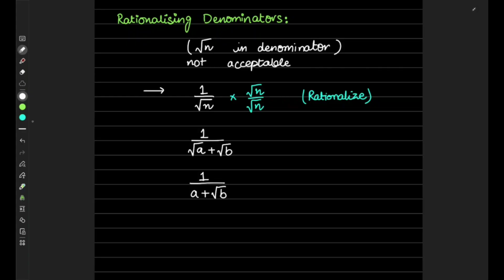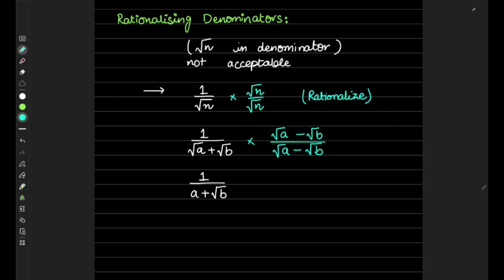In that case, how do you rationalize it? You will always take the opposite sign in between. So you will multiply it with root a minus root b over root a minus root b. This is your rationalizing of such surds in the denominators.